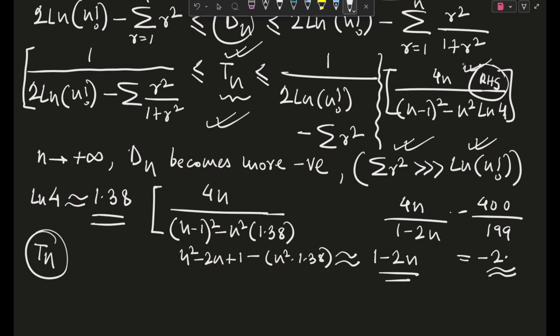But the RHS will never be more negative. I mean, the RHS will always be less negative than Tn, right? Like RHS will be something like minus 2 and Tn will be something like minus 4, and obviously minus 4 can't be greater than minus 2. That's what I am trying to say. Okay, I am repeating once again. RHS will be less negative than the LHS, Tn. That means that Tn will never be greater than this. It will always be less than this. Okay.